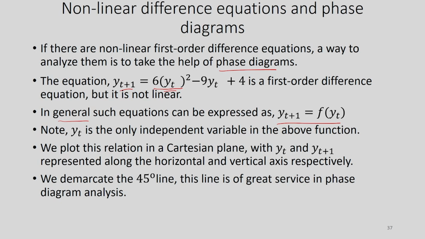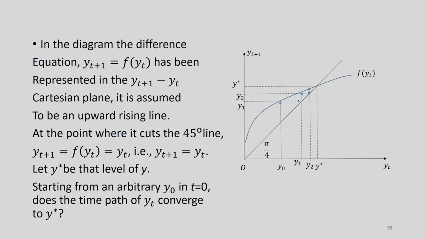We plot this relation in a Cartesian plane with y(t) and y(t+1) represented along the horizontal and vertical axis respectively, and we demarcate the 45-degree line. This line is of great service in phase diagram analysis. So, let us see if we can find a diagram. Okay, here it is.